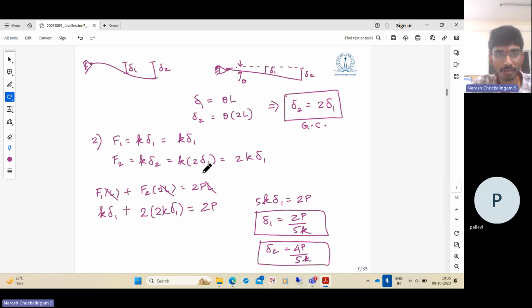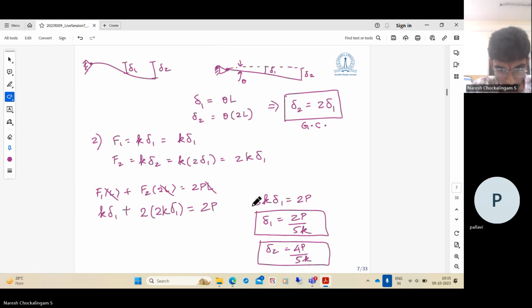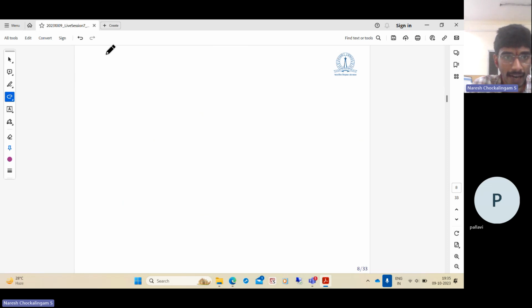So this is one method of solving the problem. Once you get this, the next part is very easy. What is the next part? The next part is asking, if the load is 100 kilonewtons, what are the forces? We already have the deltas.